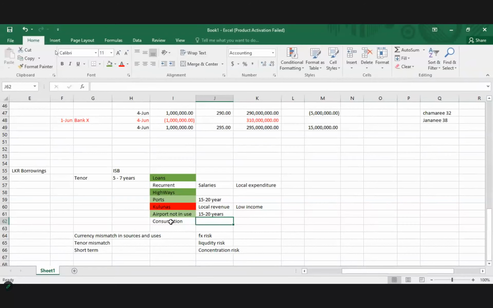All the tenor and FX risk and everything else. Consumption is short term. Right? Concentration effects, all that.